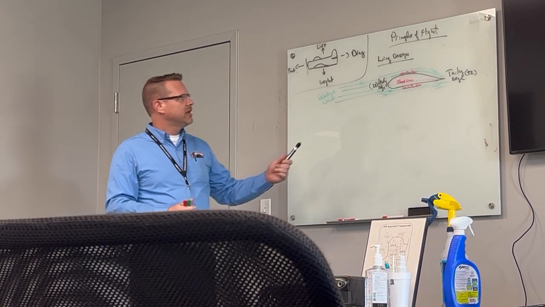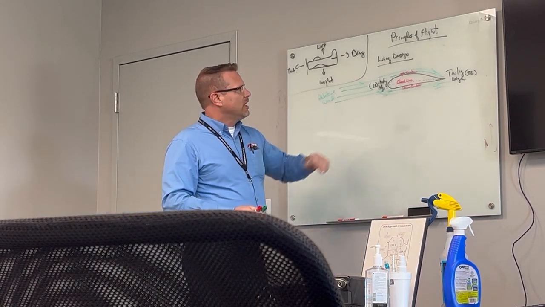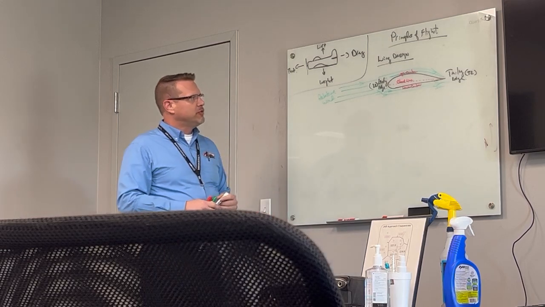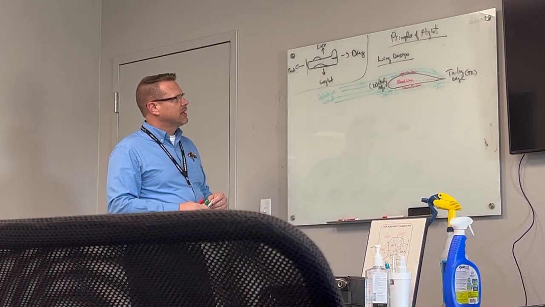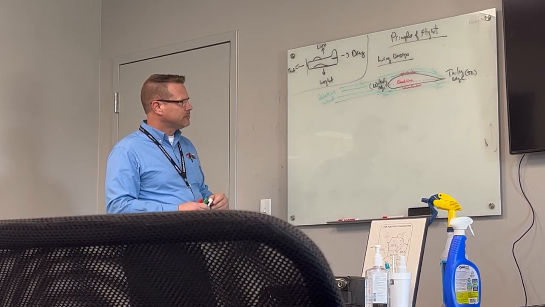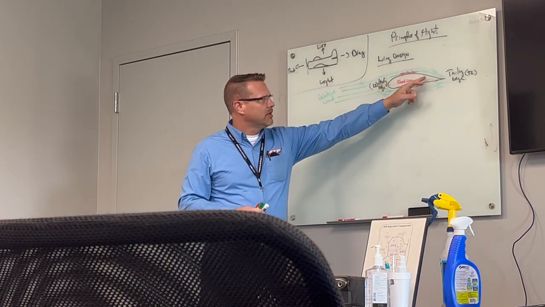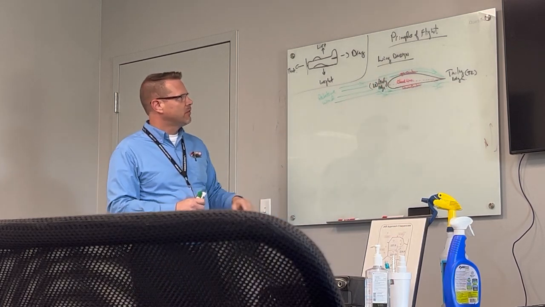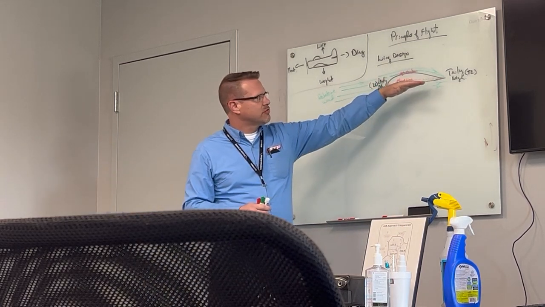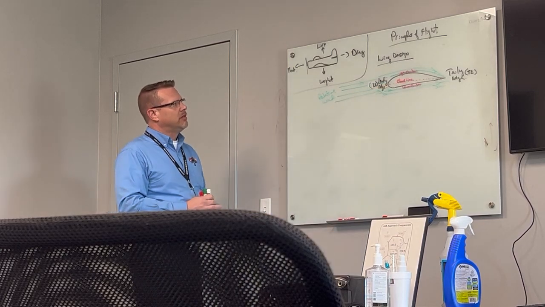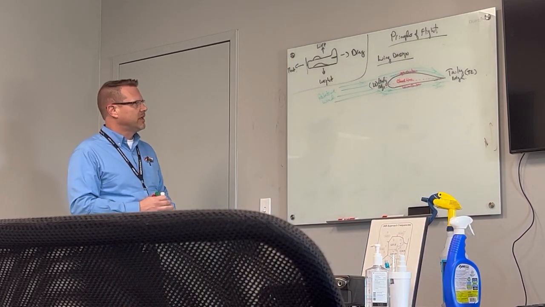So leading edge, trailing edge, chord line. I just mentioned that that's an imaginary line that connects the leading edge to the trailing edge. The upper camber is that curvature of the upper part of our wing. And the lower camber, which is this flatter portion, is on the bottom of our wing.